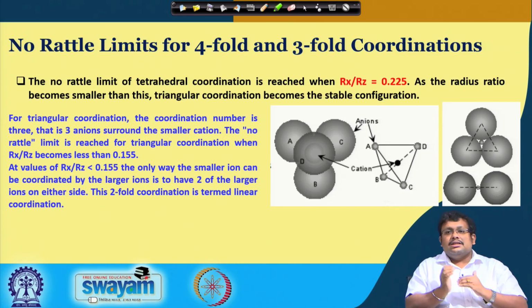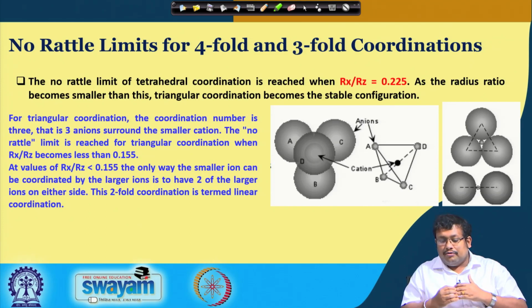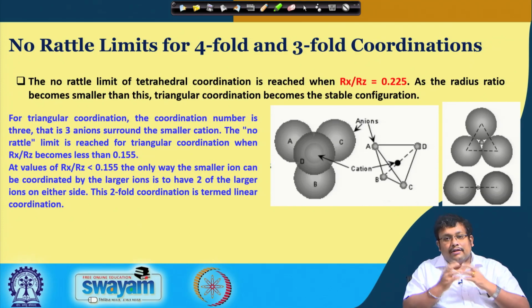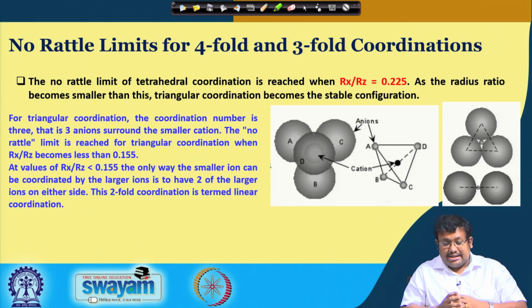If the radius ratio goes below 0.225, then this 4-fold coordination will no longer be valid, or there will be rattling of the cations, and as a result this 4-fold coordination will be converted into 3-fold coordination, which is known as the triangular coordination.